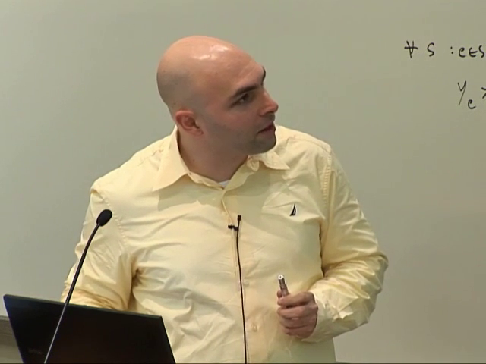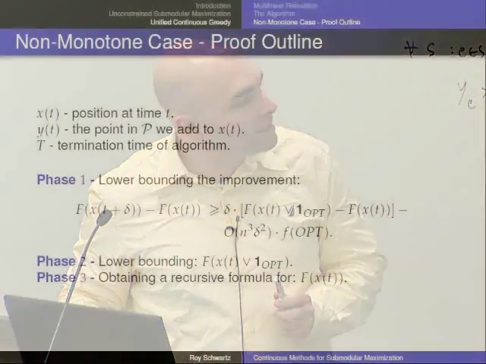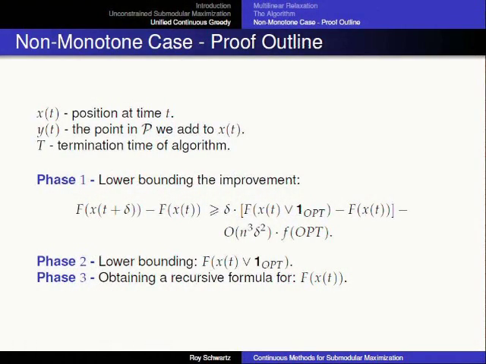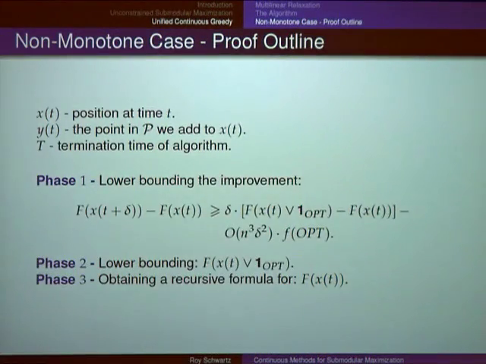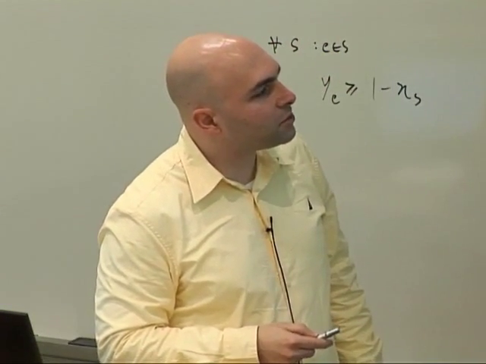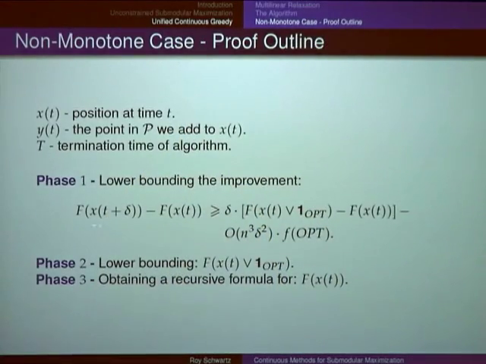I guess I don't have time for the proof overview of the non-monotone case. I'll just tell you the phases of the proof. It's not very complicated. If x is the current position of the algorithm and y is the direction we move in, the first step is to show how much we gain by doing one step from time t to time t plus delta.